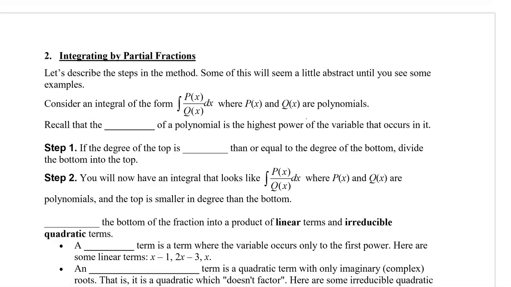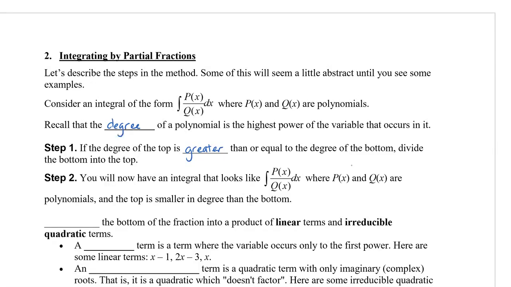So recall that the degree of a polynomial is the highest power of the variable that occurs in it. Now, if the degree of the top is greater than or equal to the degree of the bottom, then we need to divide the bottom into the top using long division.